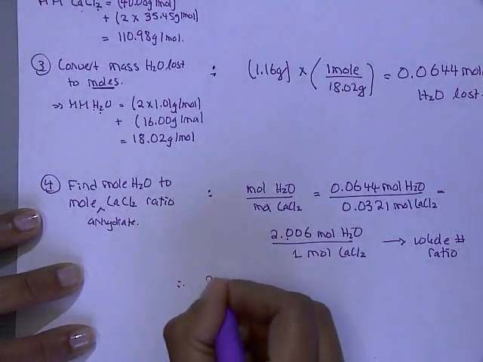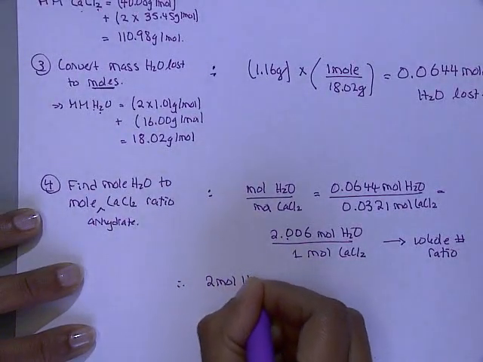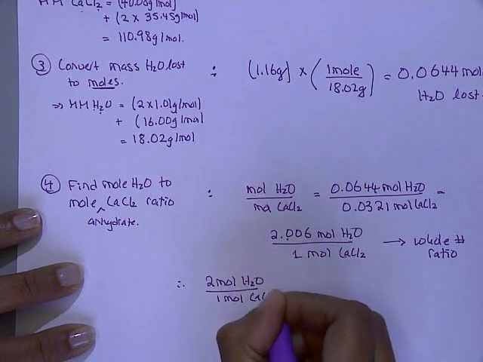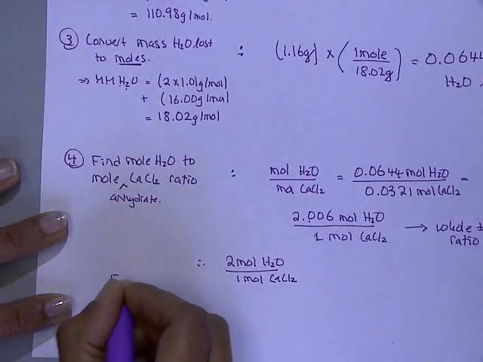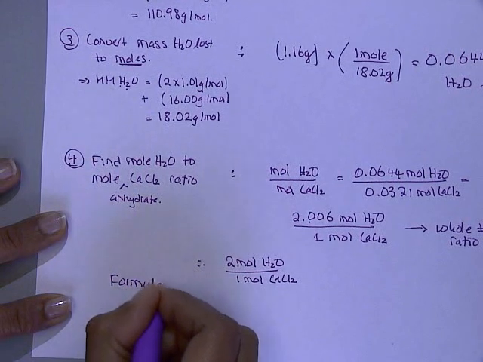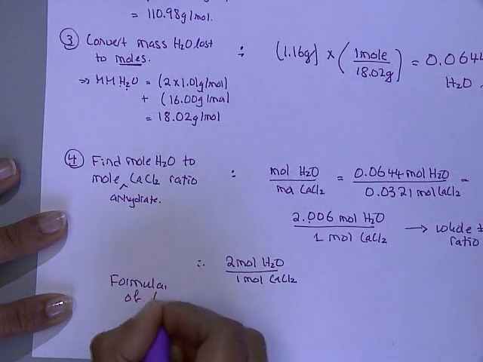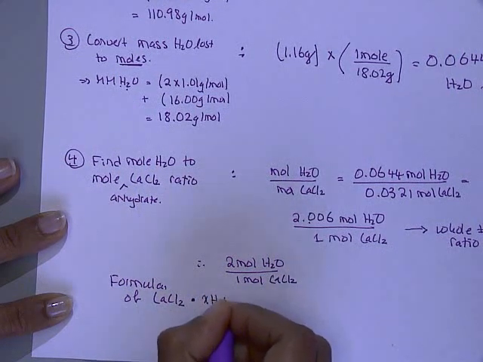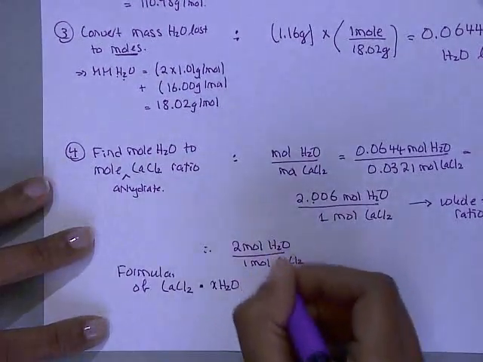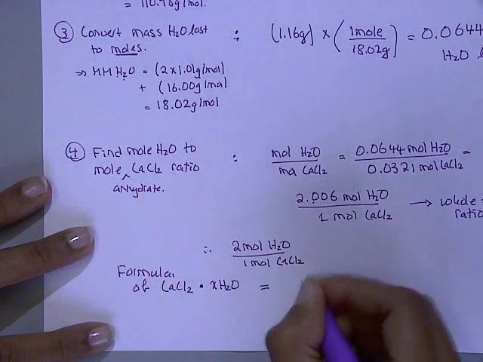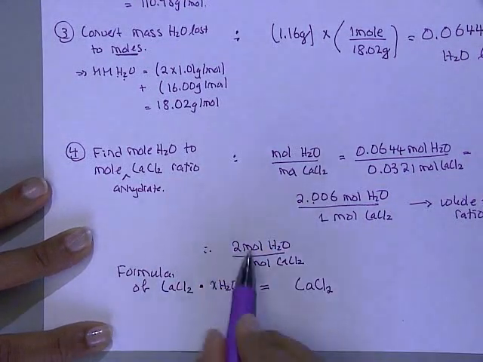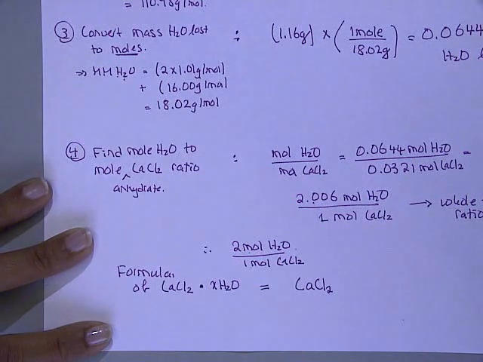Therefore it's 2 moles of H2O per 1 mole of calcium chloride. So for the formula of calcium chloride times X water, we just found out what X is. Now we know there's 2 moles of water per 1 mole of calcium chloride.